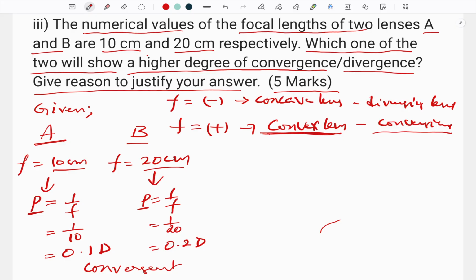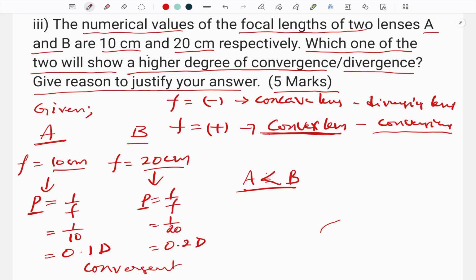So here the power of lens A is lesser than the power of B. So A has higher convergence. A is more convergent here. This is how we can say which lens is more convergent: the one whose focal length is less.